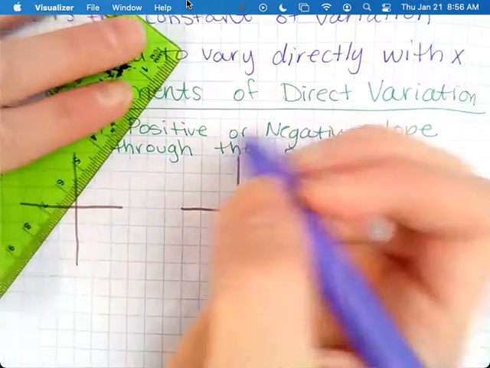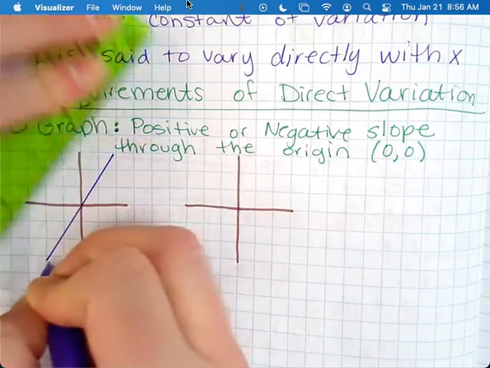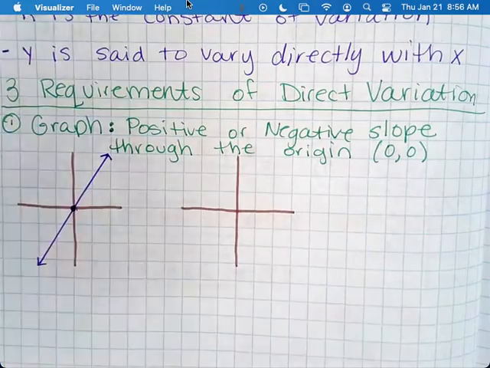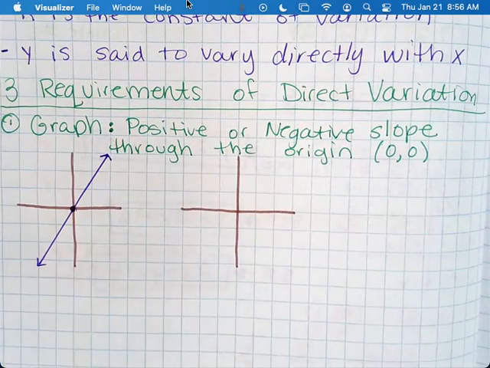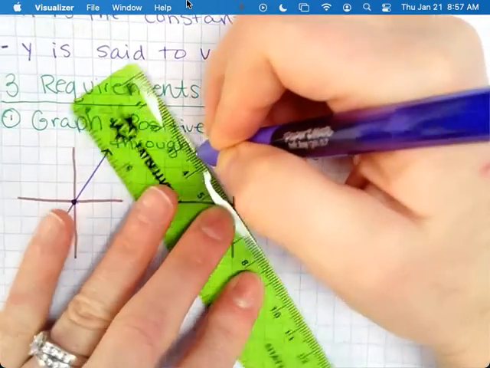I'll draw the positive slope through the origin, just an example, or a negative slope through the origin.